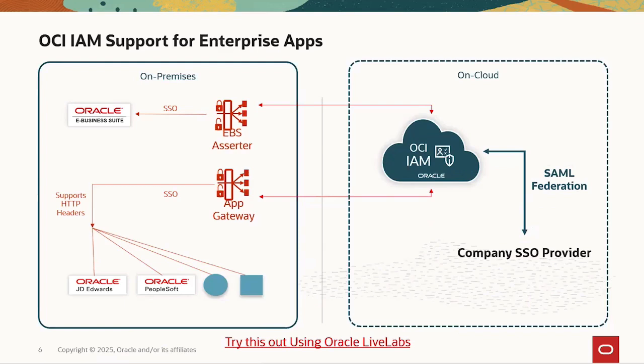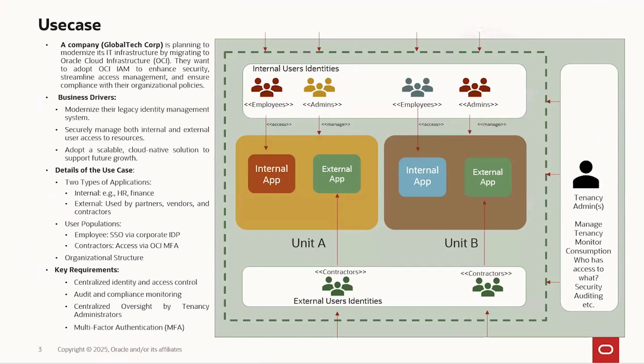I would like to take you again to the scenario which we talked about, the Global Tech Solution, right? They had some challenges. They wanted a solution for their internal as well as external users. So we saw that the internal users would be able to use their federated accounts from their corporate identity provider.